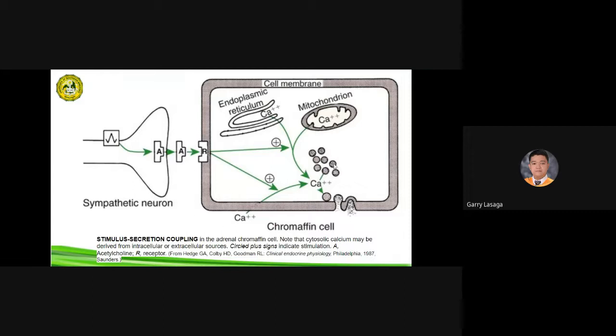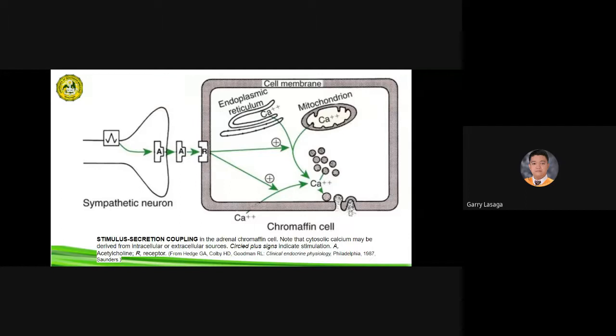These circles here represent the chromaffin granules, and they are loaded with catecholamines. They can contain either epinephrine or norepinephrine. When calcium is present, the chromaffin granules will release the catecholamines by way of exocytosis.